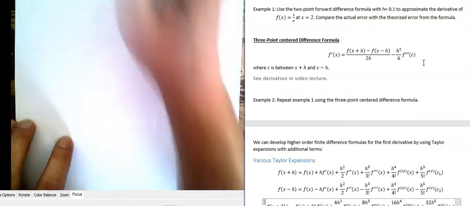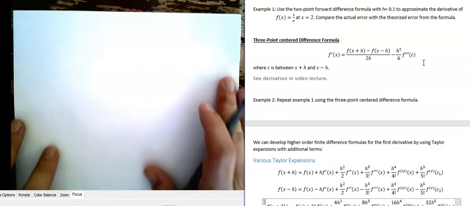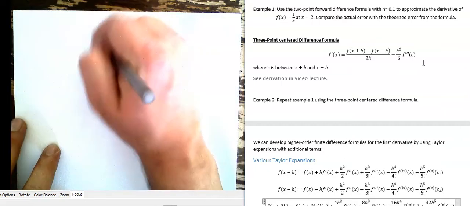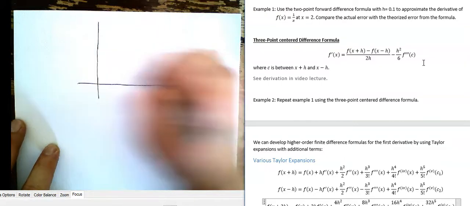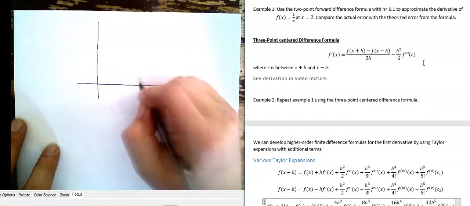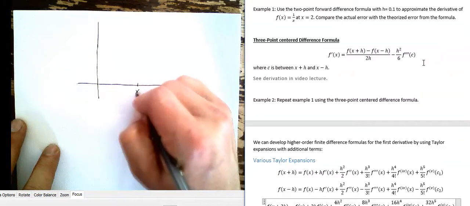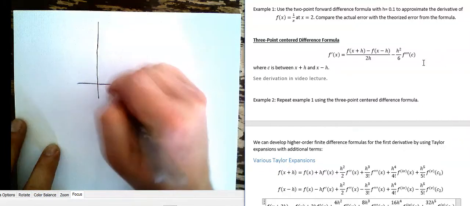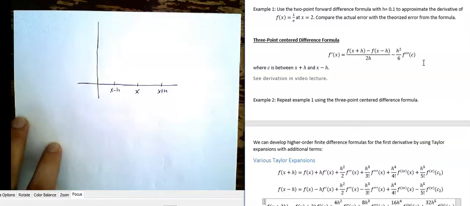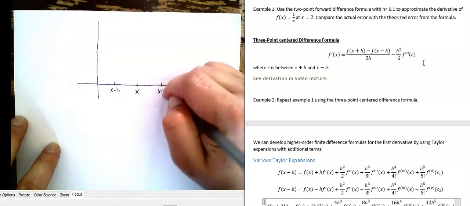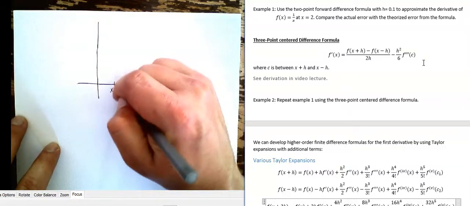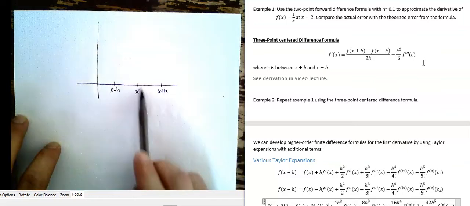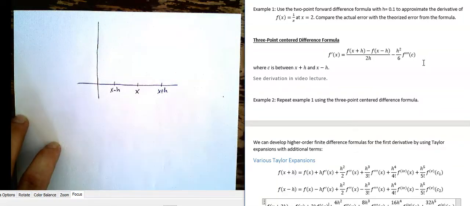So if we look back at a graph, say our x is here this time. So we have an x plus h right here and x minus h over here. Of course, h is the same, so they should be the same distance away. All right. h here and h there.